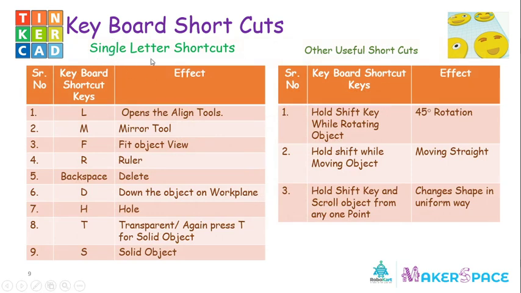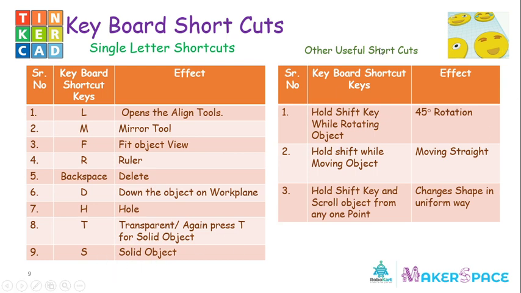Then these are single letter shortcuts. L is for the alignment tool, M is for the mirror tool, F is for fit object view, R is for ruler, backspace is for delete, D is for putting the object down on the work plane, H is for hole, T is for transparent, and if I press T again, it will look like a solid object, and S is for solid object again.